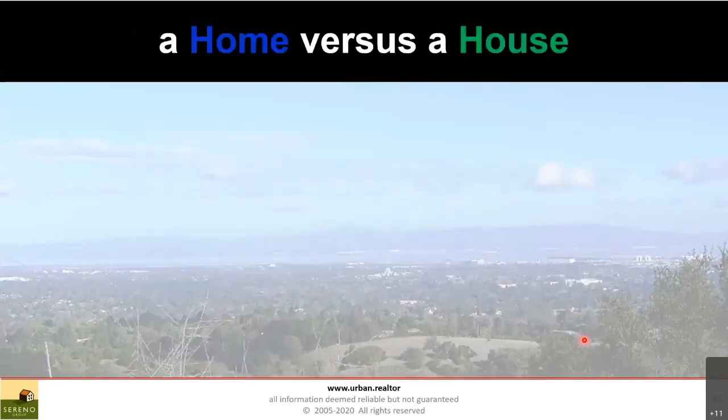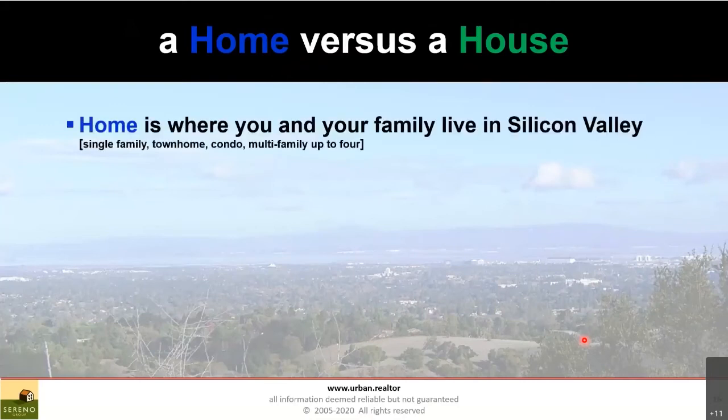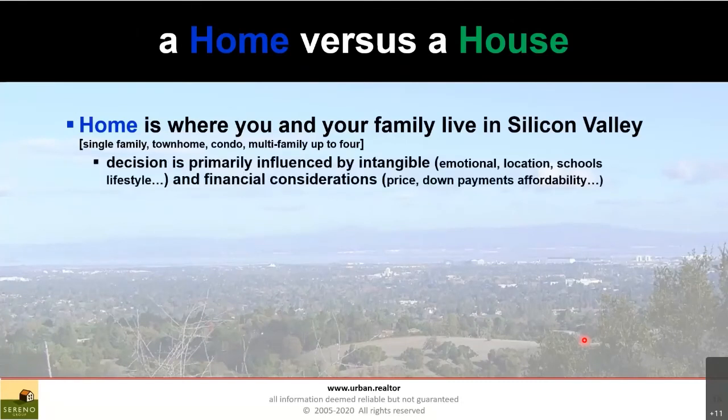So I also want to draw a distinction between a home and a house. A home is a place where you and your family live, in Silicon Valley. The decision to buy either a home or a house is different, and there are things in common as well.